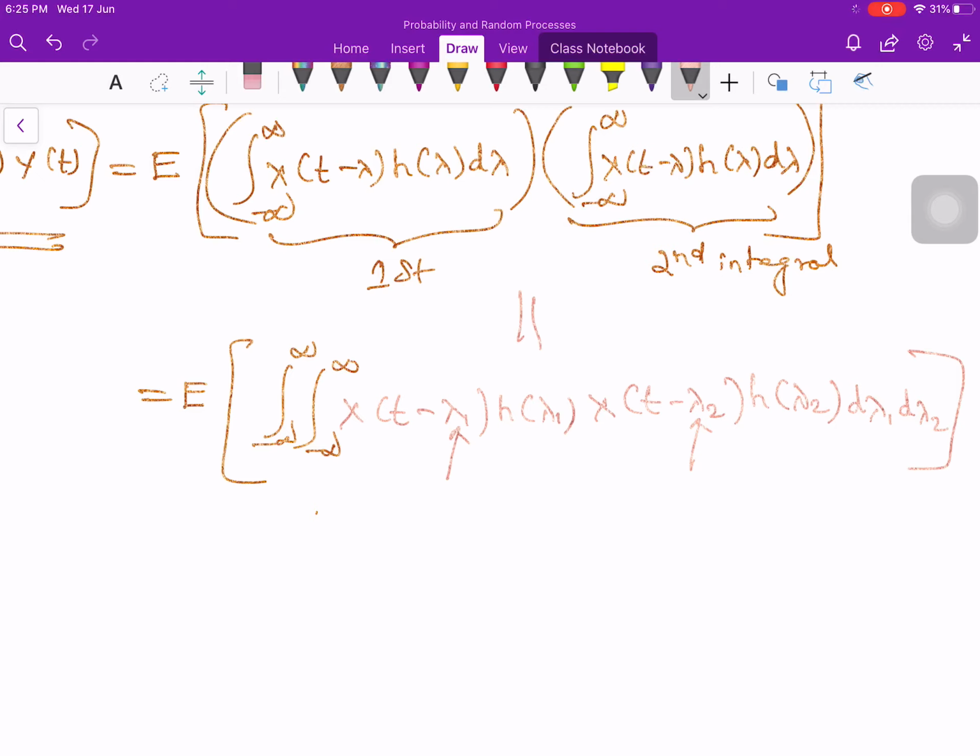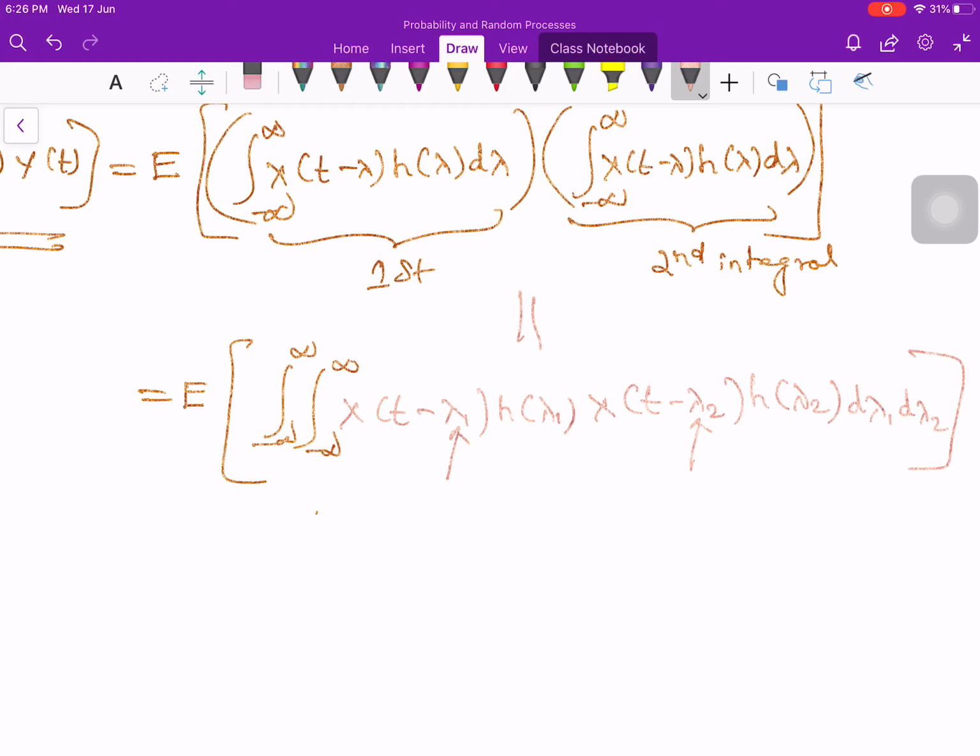You can ask why I am using two variables and a double integral here instead of the product of two integrals. Please note that a double integral is quite different from a product of two integrals.